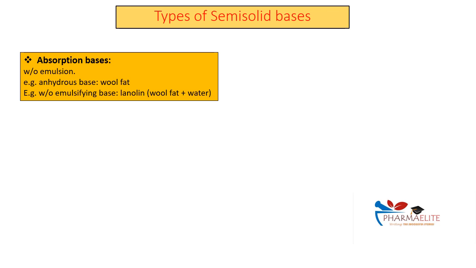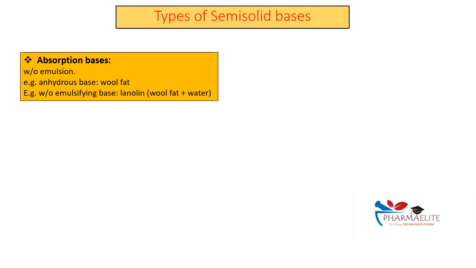If you want lanolin without water, anhydrous lanolin also comes, which is known as anhydrous base. So your anhydrous base will just contain wool fat. When you add water to wool fat, it becomes lanolin. If you want an anhydrous base, you should go with wool fat. If you want a water in oil emulsifying base, you can use lanolin, which consists of wool fat plus water.